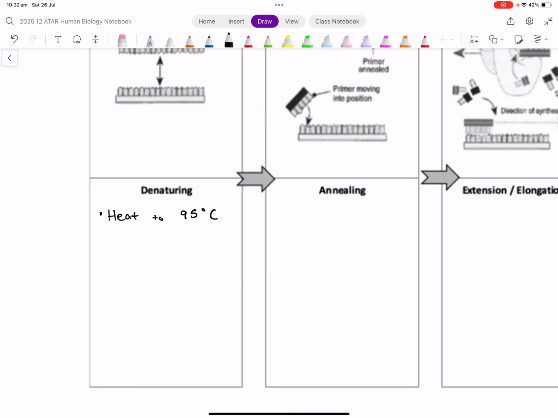Okay? And what this heat does is the heat itself breaks those hydrogen bonds. Just write this down here. Breaks hydrogen bonds between those complementary bases.